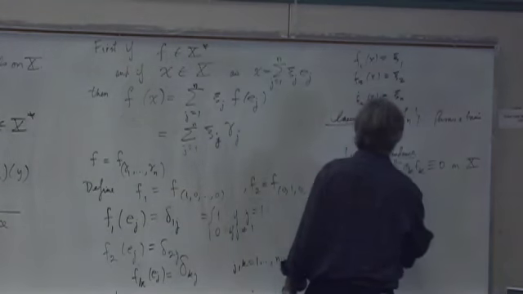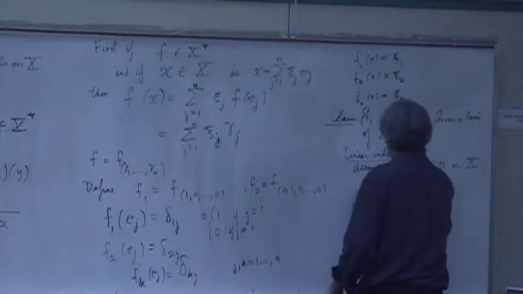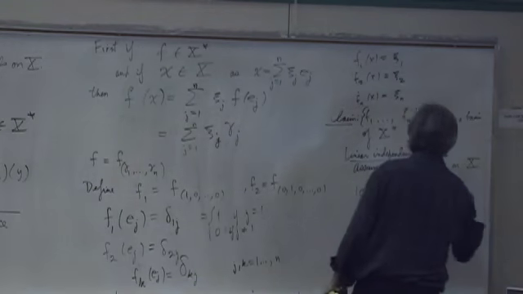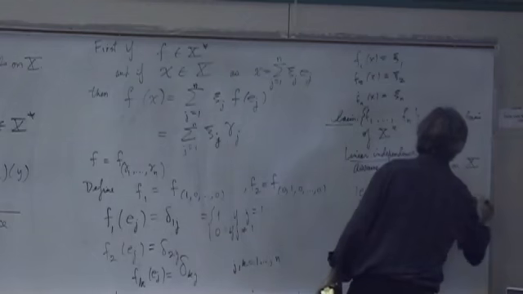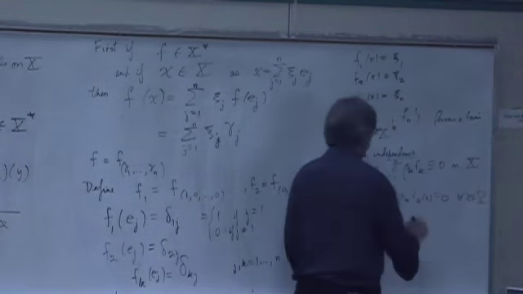So that means, what does that mean? I.e., summation beta k fk of x is equal to 0 for every x in my vector space. I want to show that all the betas must also be 0.